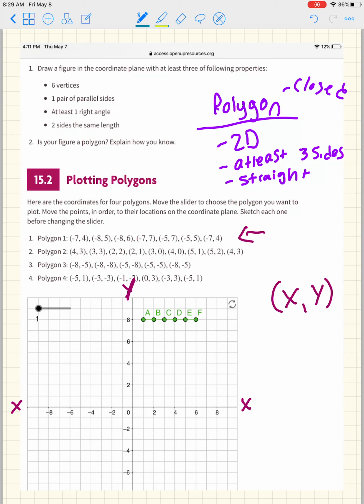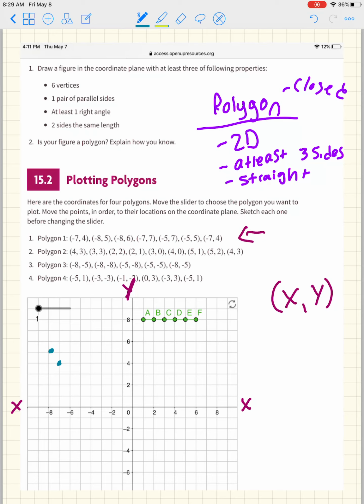Okay, do a different color. Okay, so first we have -7, 4. So I'm going to go over to the left on the x-axis to -7, and then up to +4. And I'm going to end up right there. All right, now we have -8, 1 over, up to 5. It's going to go right there.